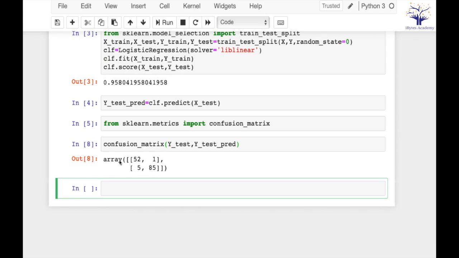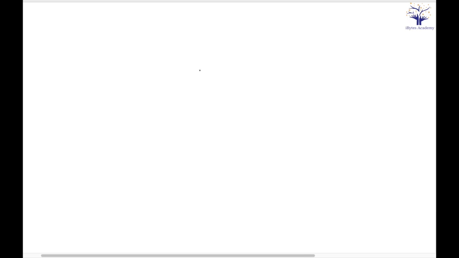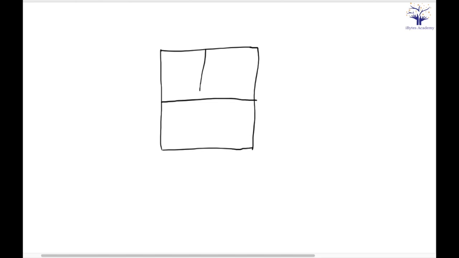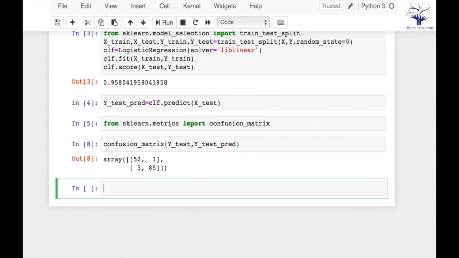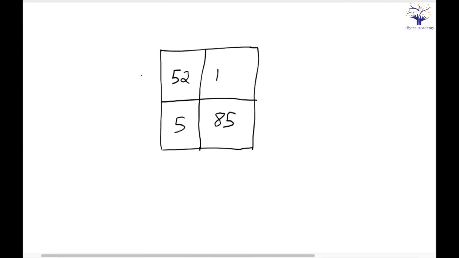So this is my confusion matrix. What does this mean? Okay, so this is what my confusion matrix looks like.